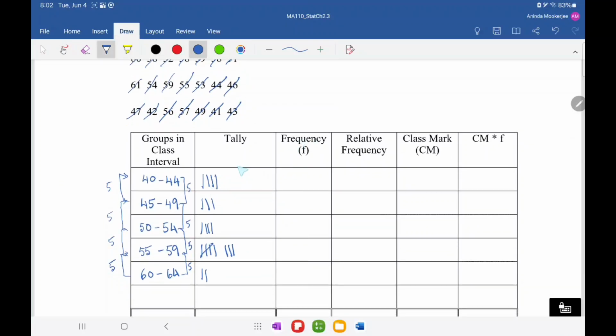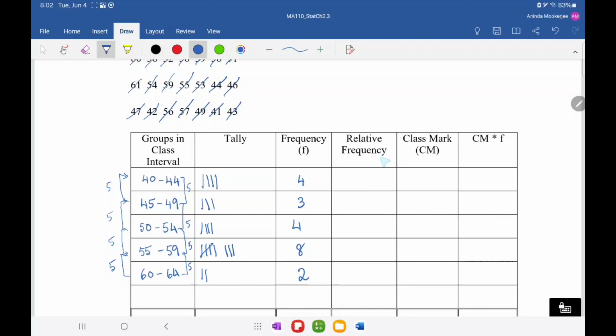Now we will have to count the tallies and write the numbers here in the frequency column. So the first one is a 4, second one is a 3, then we have a 4, and then we have 5 plus 3, 8, and then we have a 2. All right.